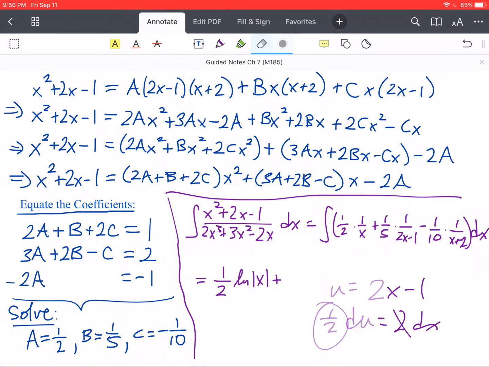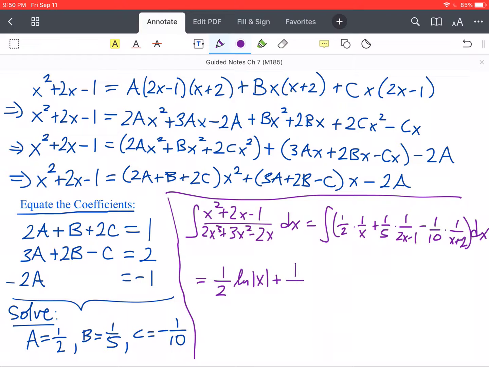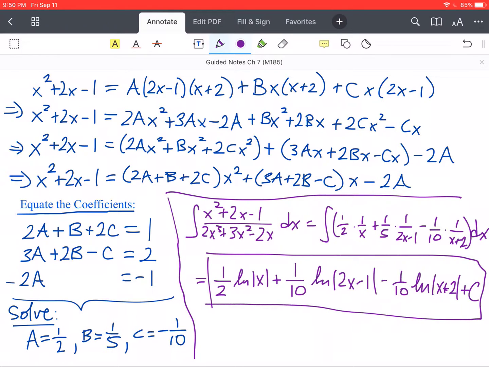I'm not showing all of that work. I'm calling it a mental u substitution, but that 1/2 ends up turning this into a 1/10. And then times ln absolute value of 2x minus 1, and then minus 1/10 times ln of absolute value of x plus 2, plus the arbitrary constant c. And so that's what we get for our integral.